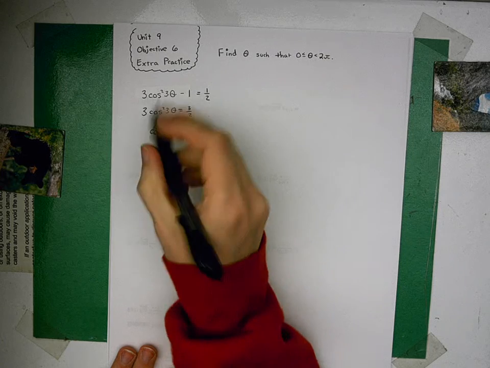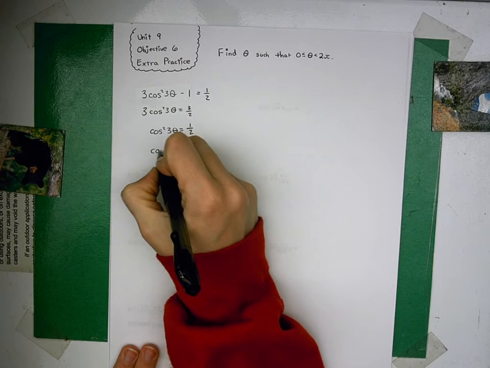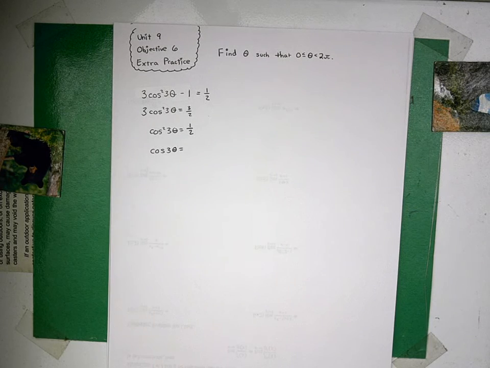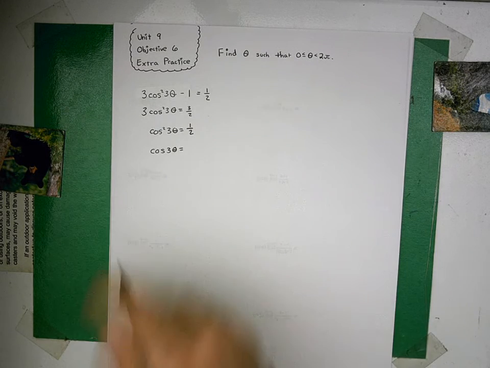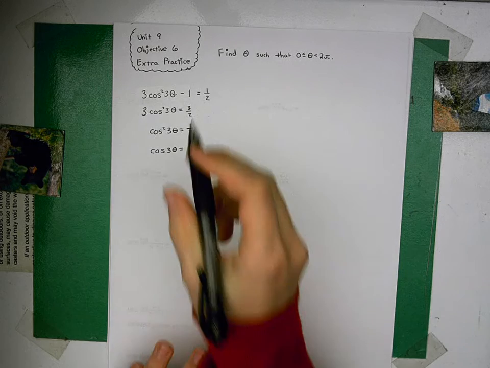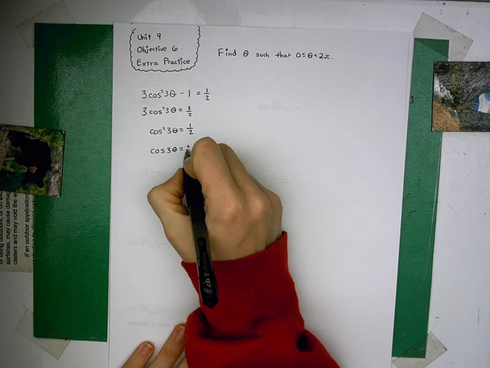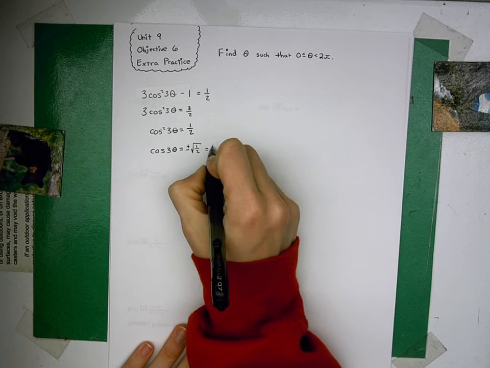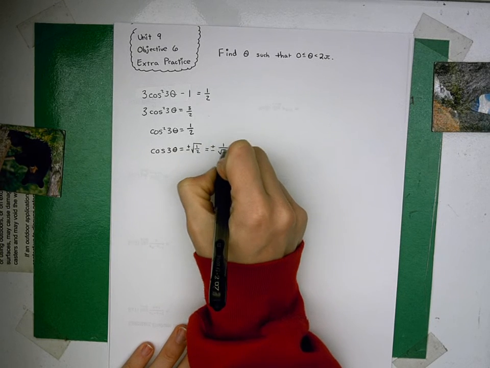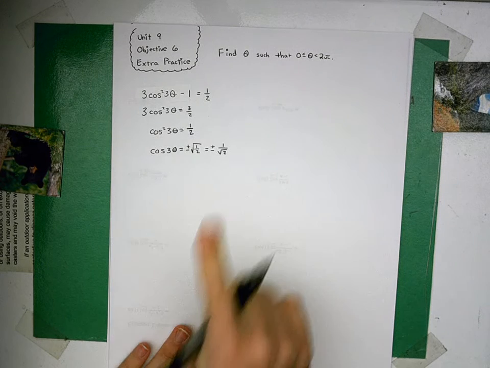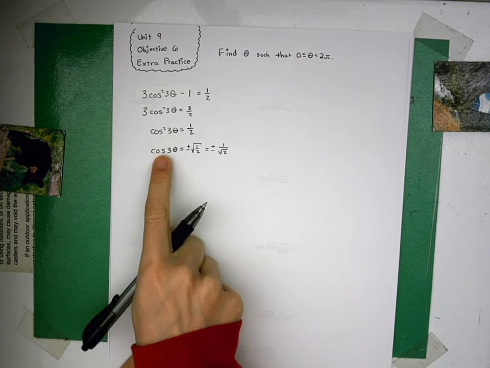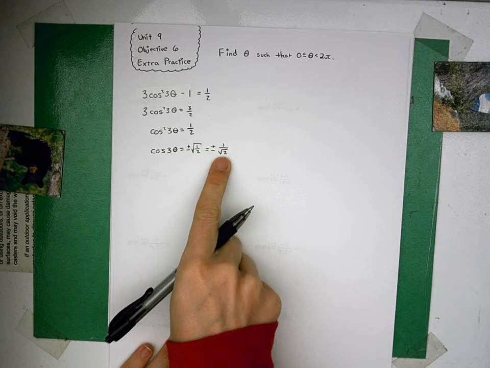And then square rooting both sides, we get cosine of 3 theta equals, and when you square root, a reminder that it is plus and minus. So this one would be plus and minus root 1/2, which is the same thing as plus and minus 1 over root 2. And for some of us, we are comfortable figuring out what angle would give me a cosine of 1 over root 2.